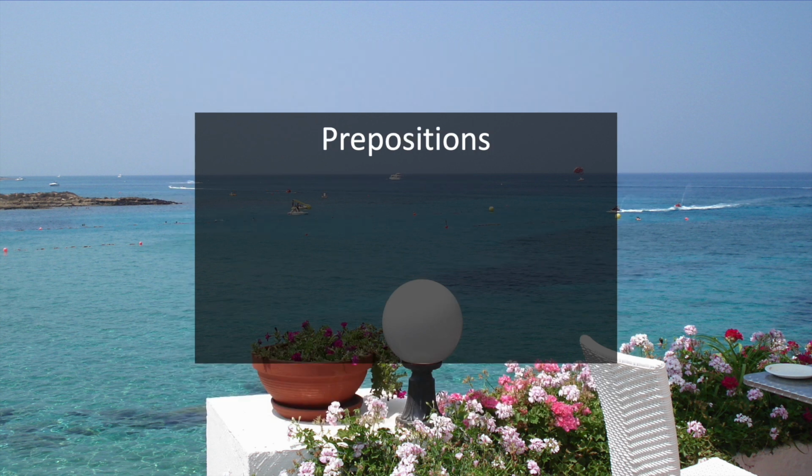The prepositions in modern Greek are very few and they are grouped by the number of syllables. Group 1 includes με, σε, για, ως, προς.